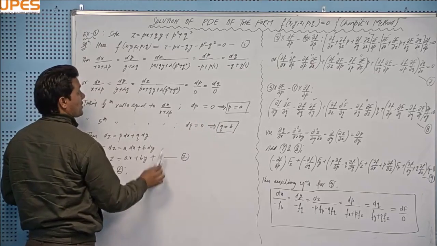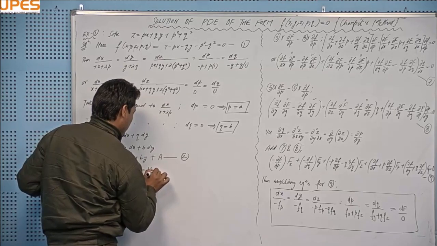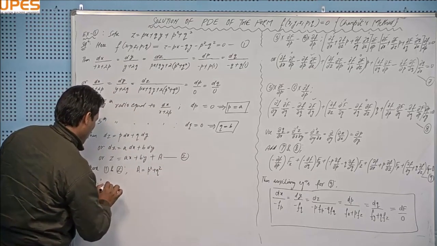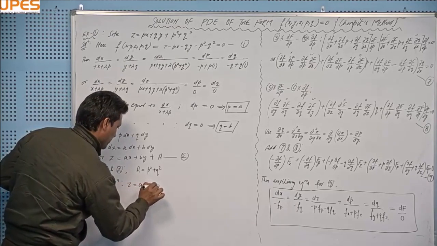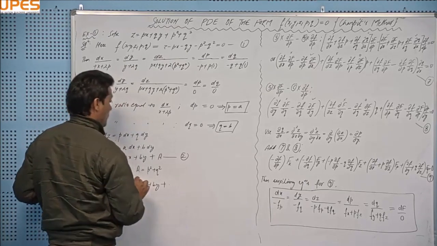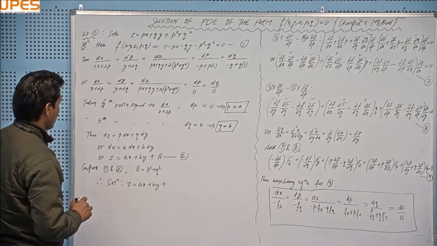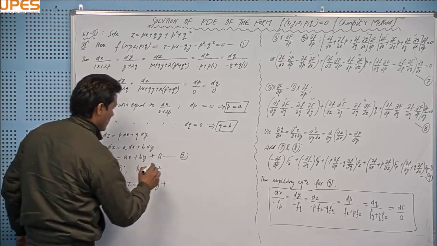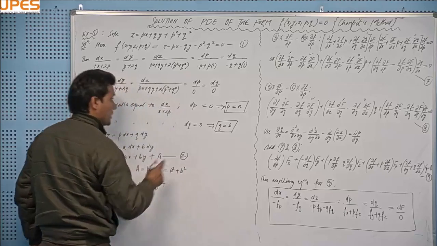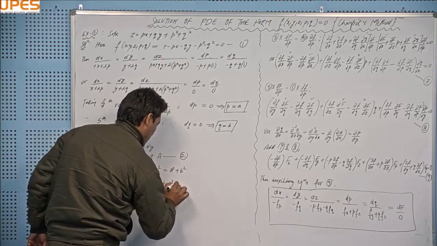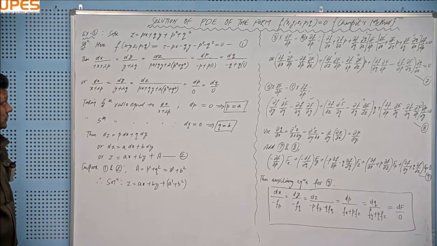And obviously this capital A should be equal to p square plus q square, right? Therefore the solution is z equal to ax plus by plus capital A, where capital A is small a square plus b square. This is a complete solution, right?